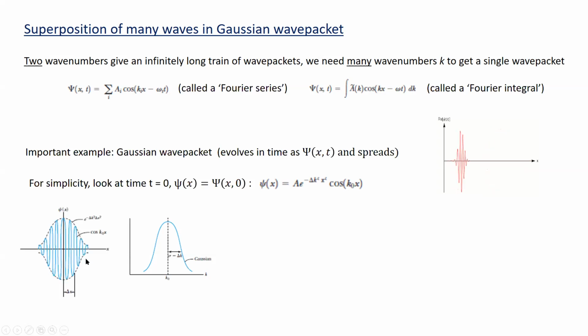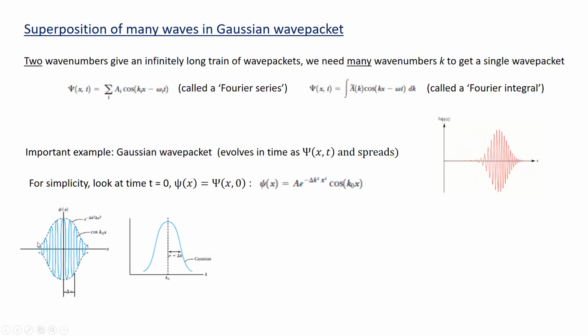And then here is the envelope, and we're taking a, just for convenience, equal to 1. e to the minus delta k squared delta x squared. And then inside we have the cosine of k naught x.